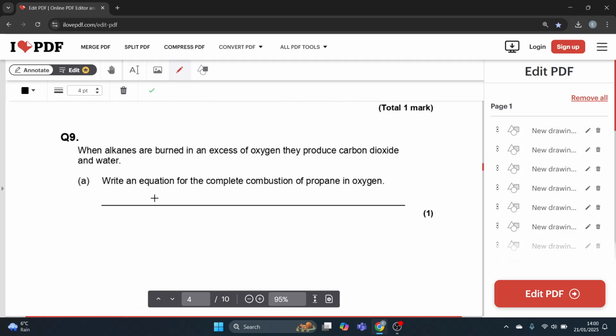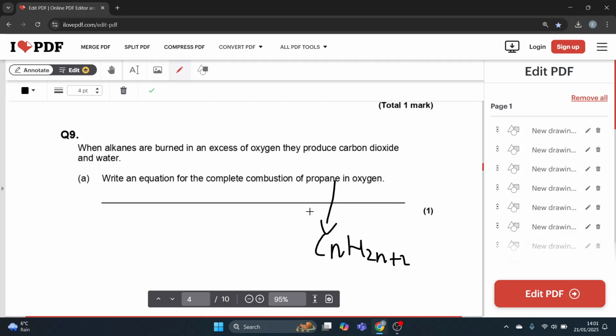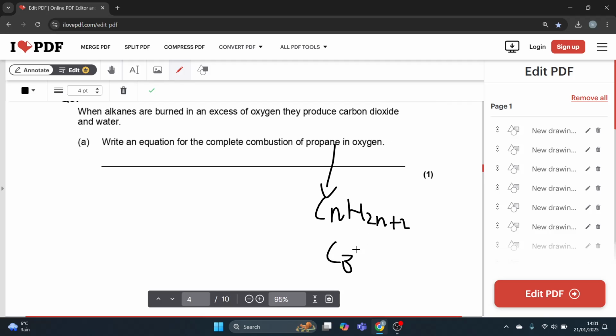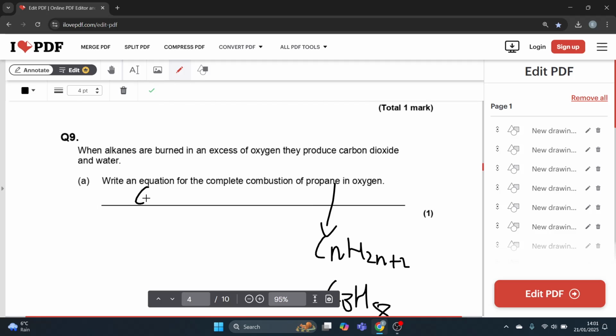When alkanes are burned in excess of oxygen, they produce carbon dioxide and water. Write an equation for the complete combustion of propane. So propane is an alkane. Alkanes have a general formula CnH2n+2. So methane, ethane, propane, C3H, double that plus 2, so it's going to be C3H8 plus oxygen.